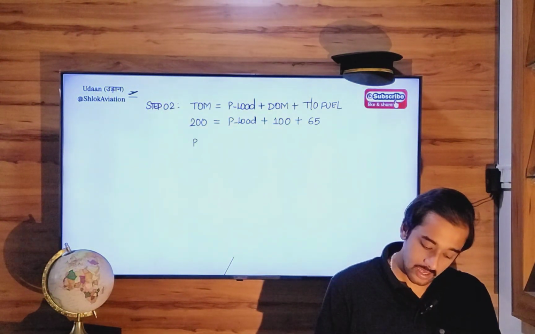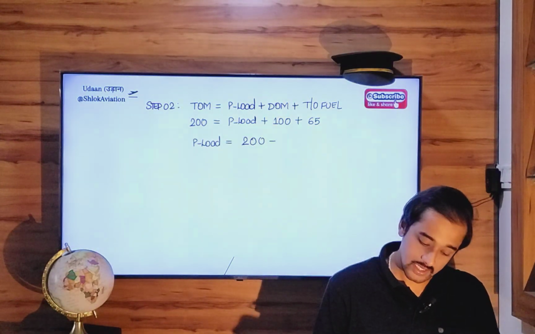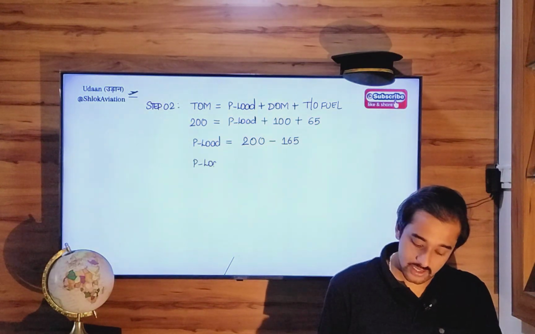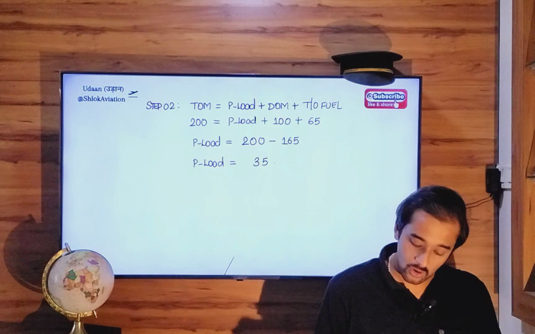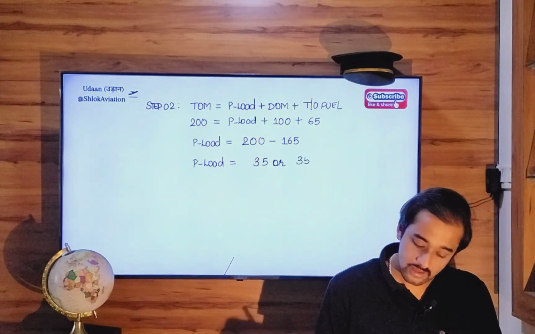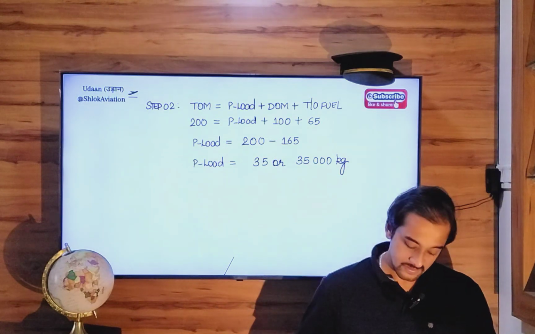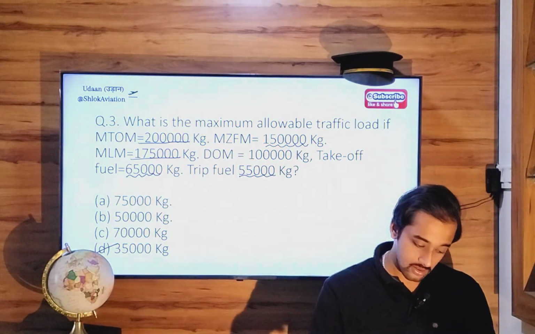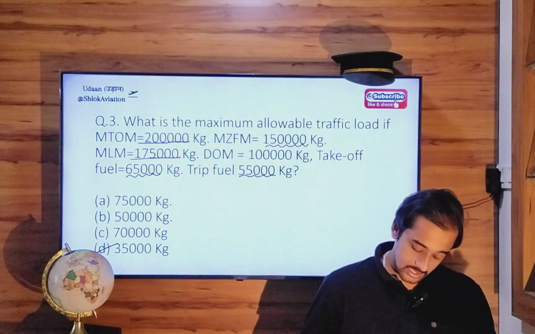So payload will be equal to 200 minus 165, which is equal to 35, or 35,000 kg. Multiply by 1000. So the correct answer is option delta, 35,000 kg. Let's go to question 4.